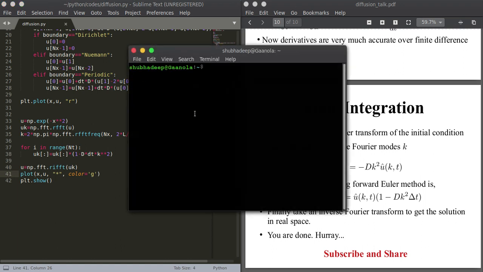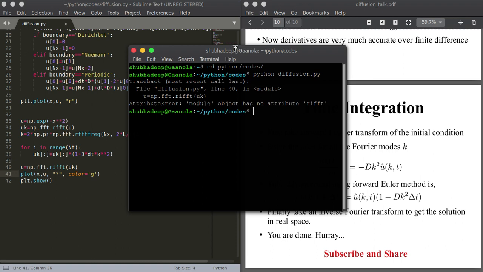Let me run it. python diffusion.py. So what is happening?